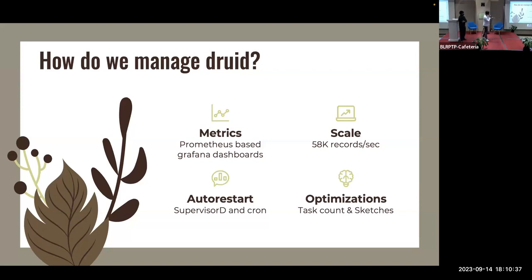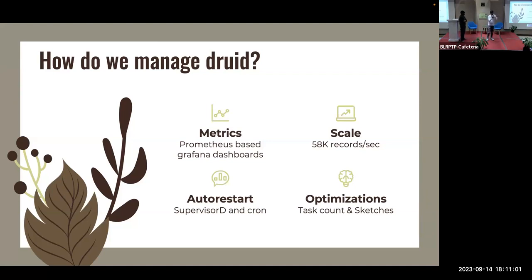We currently deal with around 60K records per second. With that scale, of course, you need to optimize for cost, or in technical terms, for compute and storage. We have done that optimization through two key points: task count and schedules.